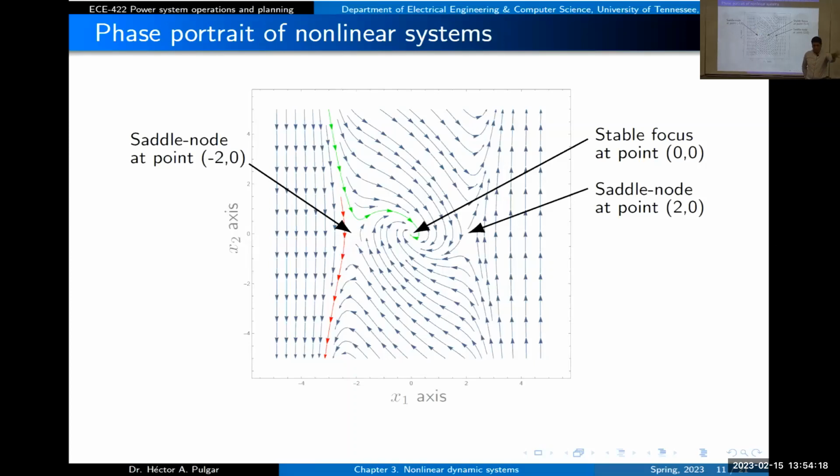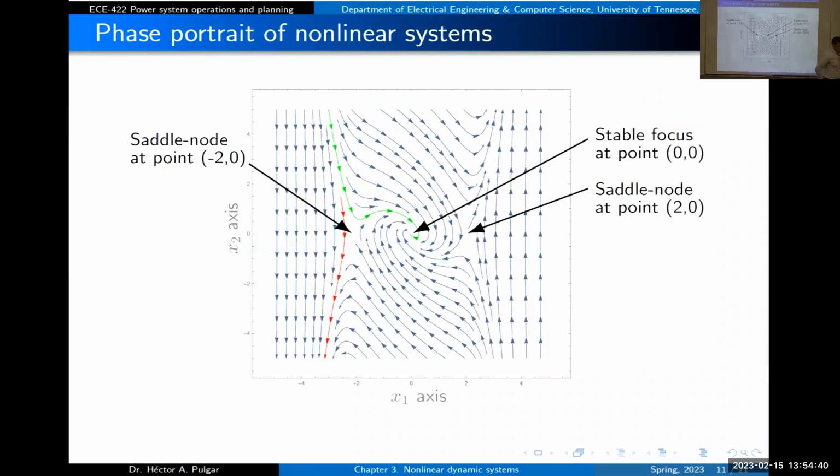Then you will have some nonlinearities there. Also some dynamic behavior, not of the machine, but maybe from some components that control the machine, might be nonlinear. You have a governor, for example, that might have some nonlinearity there.